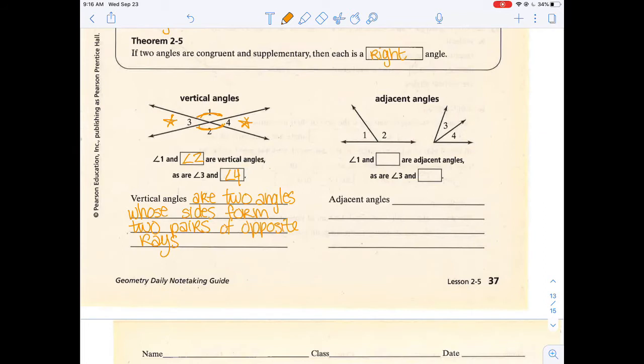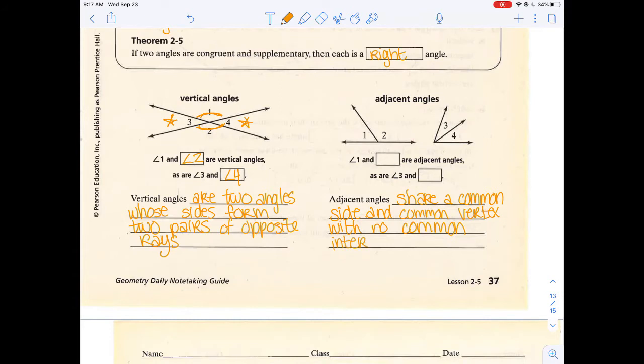Okay, adjacent angles. Adjacent angles share a common side and a common vertex with no common interior points.